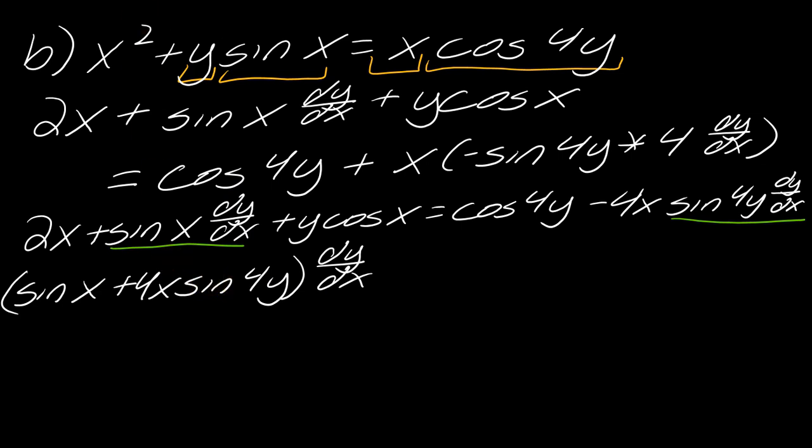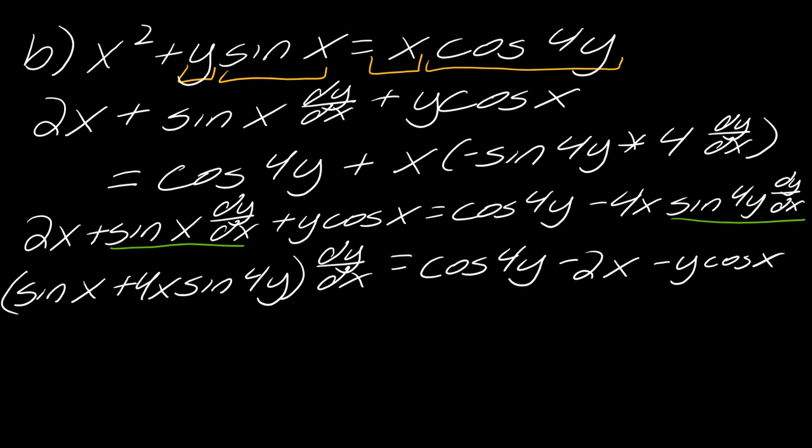Hopefully that makes sense. And then on the other side, I brought this term over to this side. This cosine of 4y stays here, cosine of 4y. Then the 2x comes over, so minus 2x. And then I'm also going to subtract off this y cosine of x, minus y cosine of x.